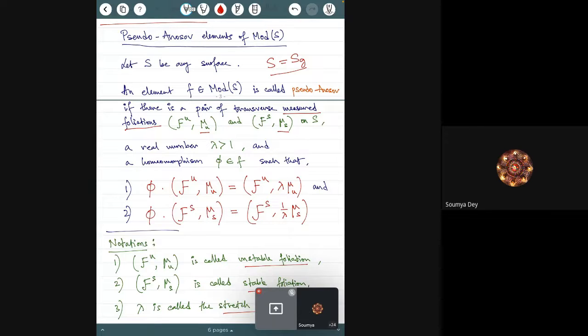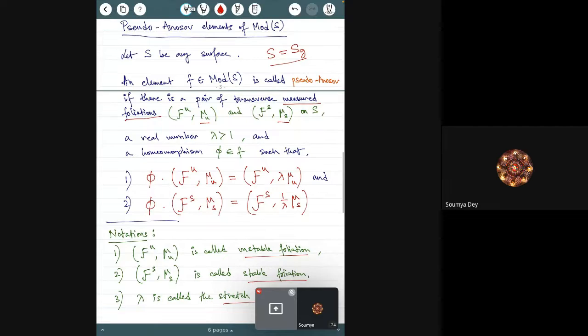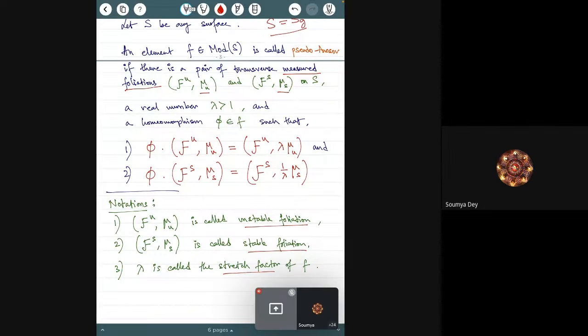Here U is the unstable foliation, and S is the stable foliation. And also you have a real number lambda which is greater than 1, and a homeomorphism which is representing our mapping class. So from our mapping class F there is a phi, a homeomorphism, such that if you apply phi on the first, unstable foliation, the measure is getting multiplied by lambda.